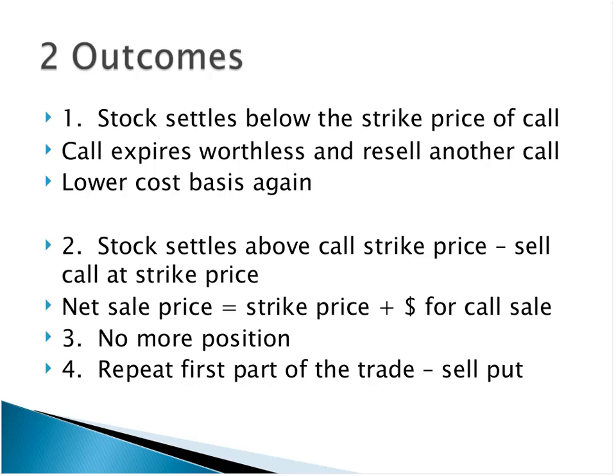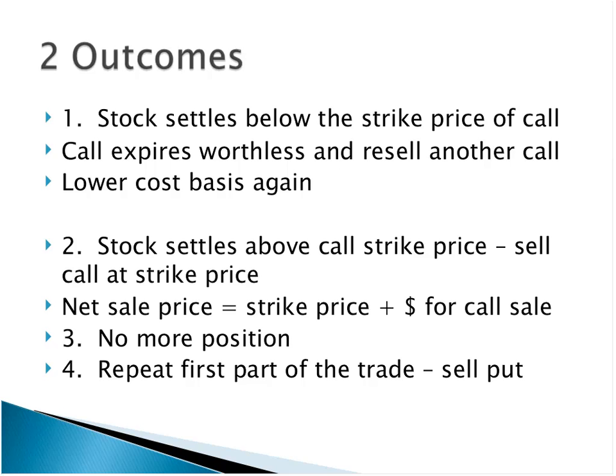So then we calculate our net sale price, which is that strike price, plus the dollars for your call sale. But if you use those dollars to calculate a new cost basis for your stock, you're not going to want to double count that. One way or the other, you're going to get credit for that money.